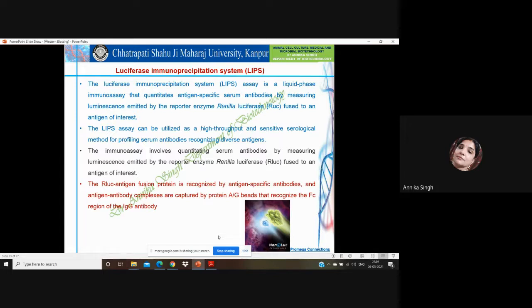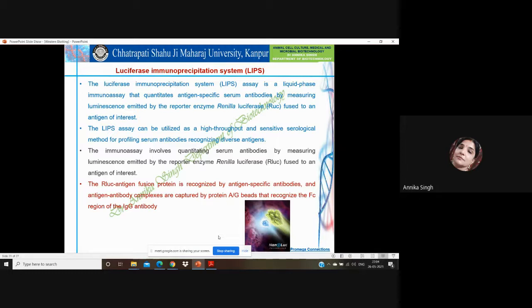This luciferase enzyme is fused to an antigen of interest. When it is fused to an antigen of interest, this luciferase immunoprecipitation system assay, known as the LIPS assay, can be utilized as a high throughput and sensitive serological method for profiling serum antibodies which recognize diverse antigens.